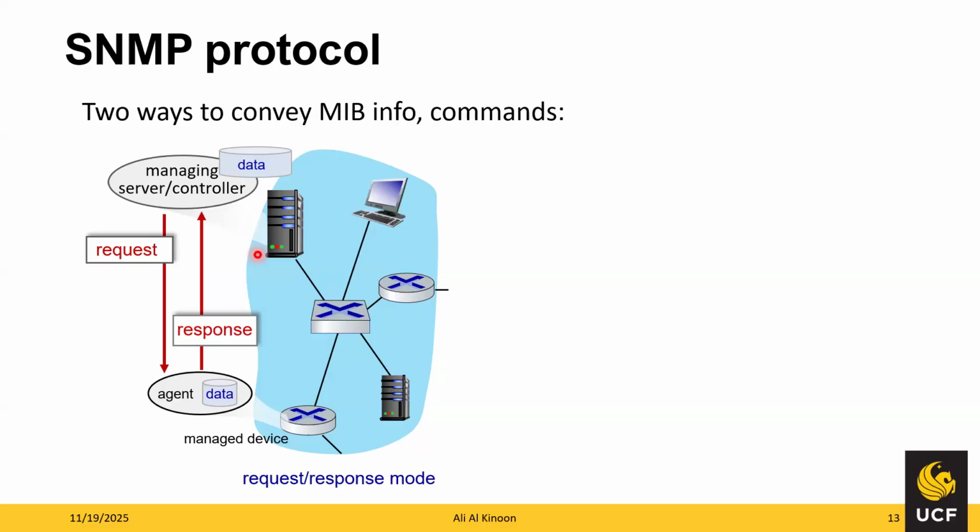The server sends an SNMP request for specific MIB values from a device, and the agent on the device processes the request and sends back the requested data, similar to an HTTP GET request and reply. This model works well for polling, routine monitoring, and periodic status collection.